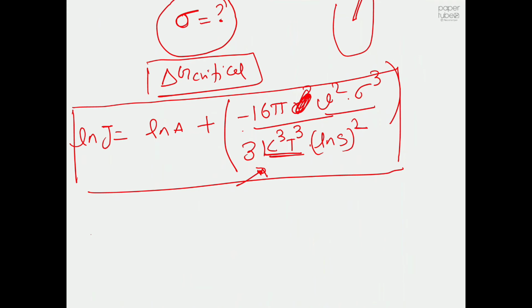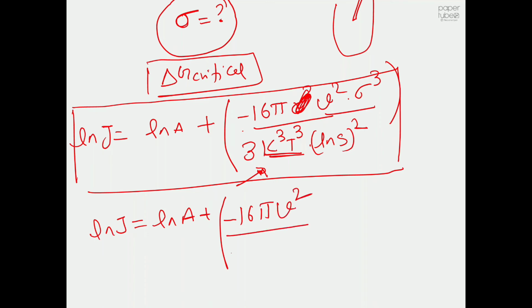If you want, we can rewrite this for the sake of convenience. Ln of A. Let's take the known quantities: 16, we know the value of pi, we know the value of molecular volume, divided by 3, we know the value of the Boltzmann constant, we know the temperature. We put everything together, and then we have to calculate the surface free energy divided by ln of S the whole squared.